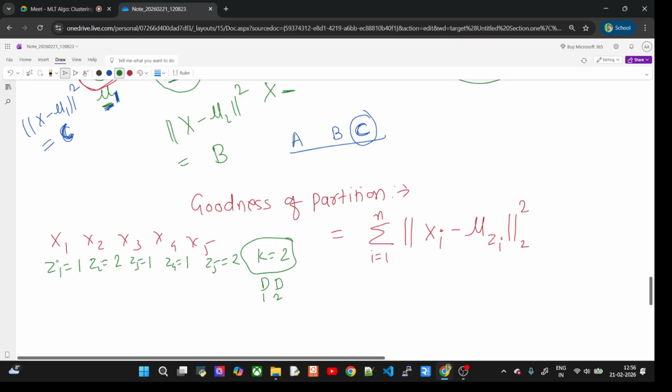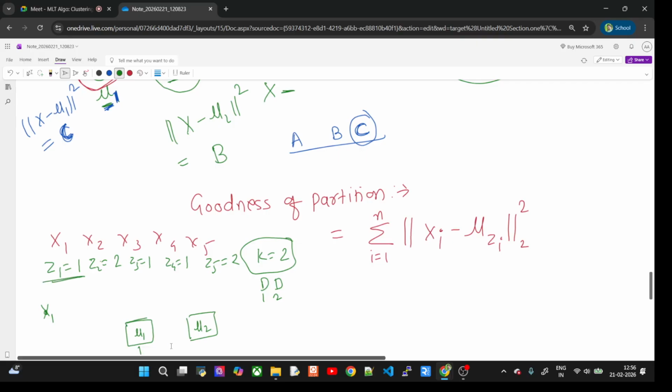If I calculate the mean of box 1, it is mu1, and the mean of box 2 is mu2.